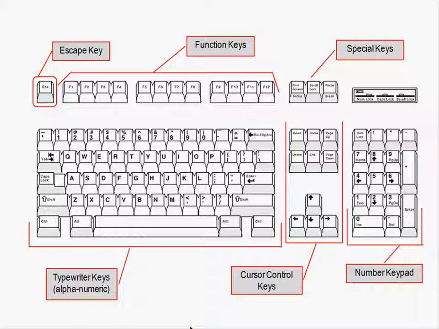And just like regular old-fashioned typewriters, you'll find Shift keys on the lower left and lower right side of the keyboard, and those Shift keys enable you to make capital letters out of the regular letters of the alphabet, or if there's two commands on a key, pressing Shift will allow you to type the upper command. For instance, if you wanted to type a $, you would press Shift and then press the number 4 at the very top where the $ sign is.